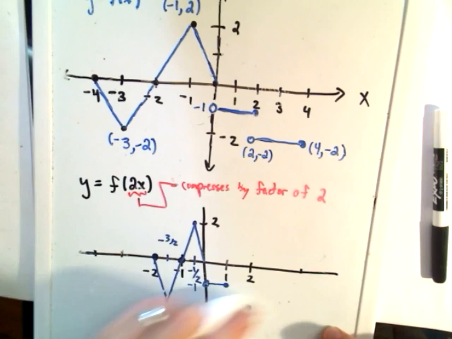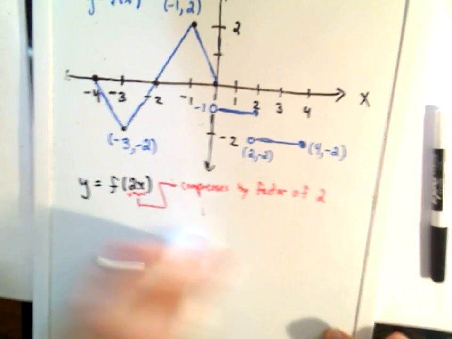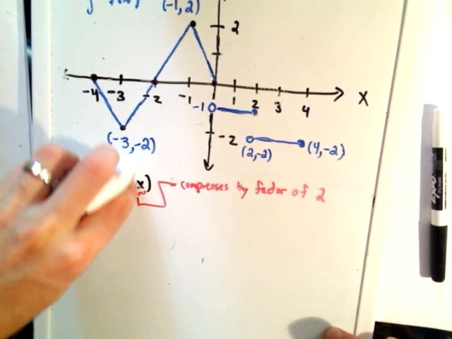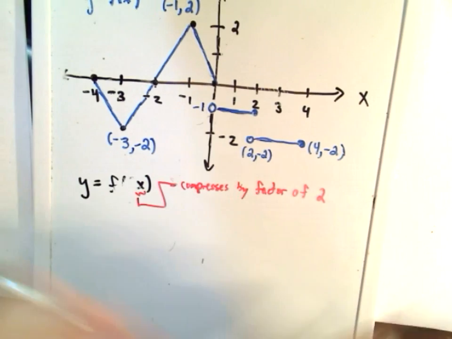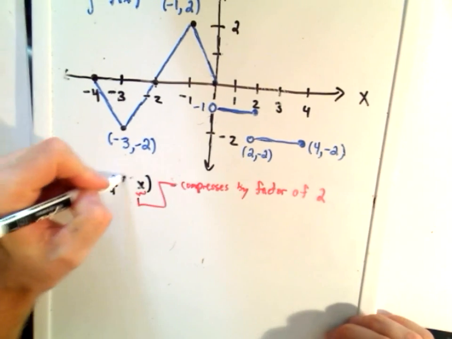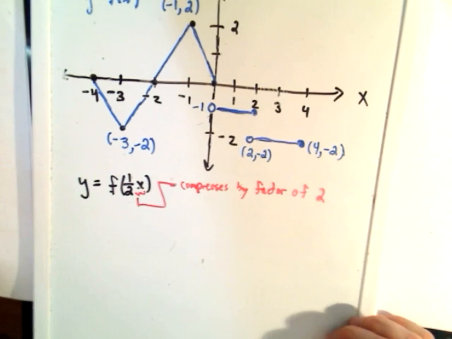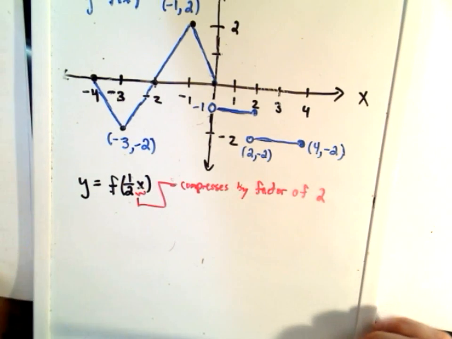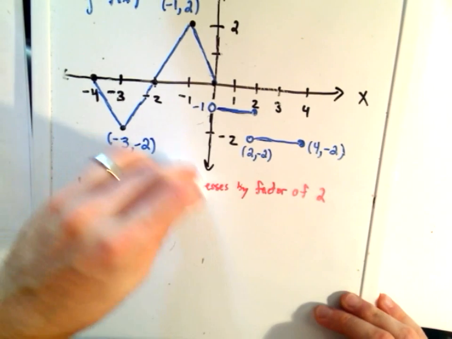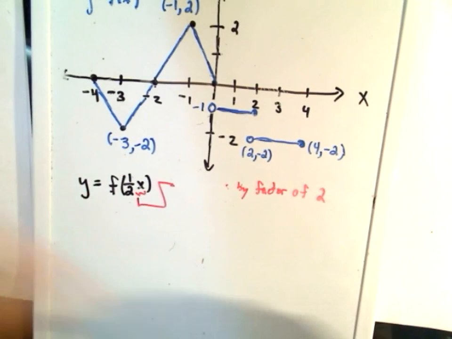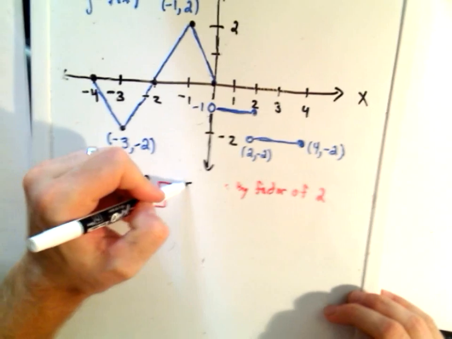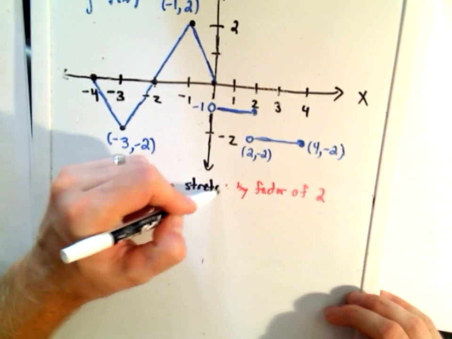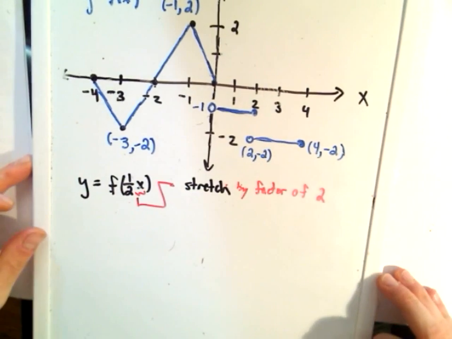Okay, so let's do another one of these. Now what I'm going to do is, again, very much a similar thing. I'm going to multiply now the inside by 1/2. And now if you multiply by a 1/2, instead of compressing it by a factor of 2, you actually stretch it by a factor of 2.